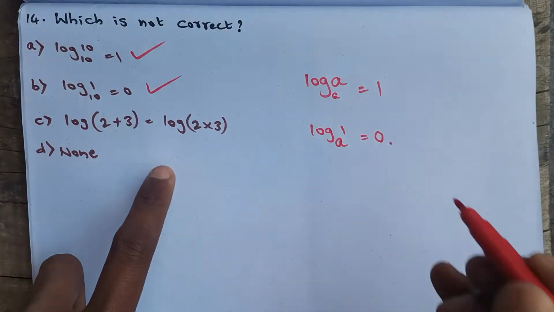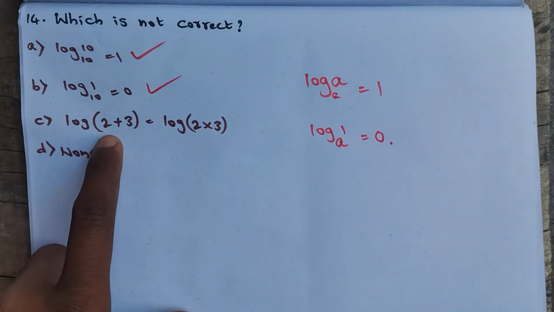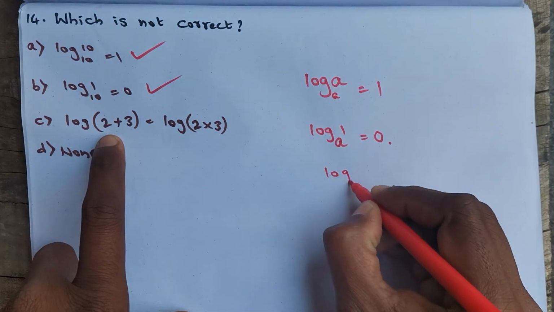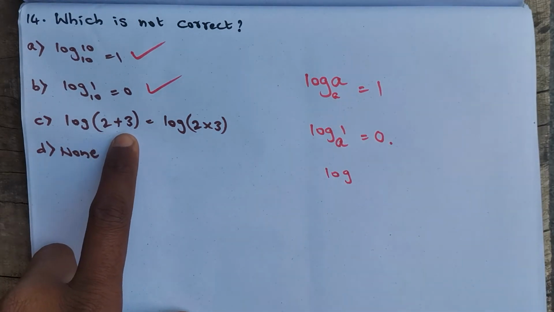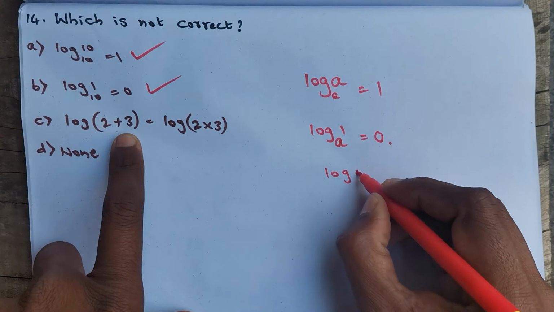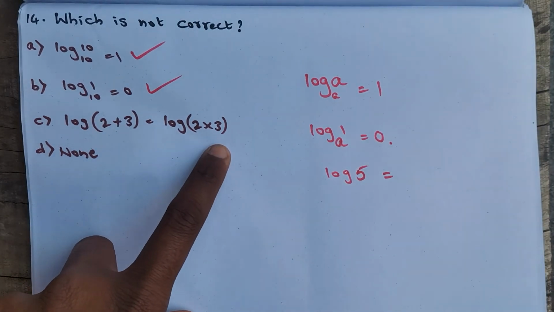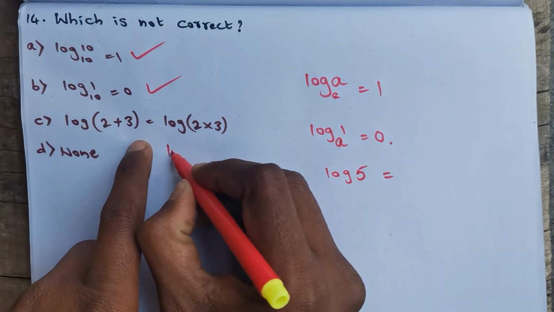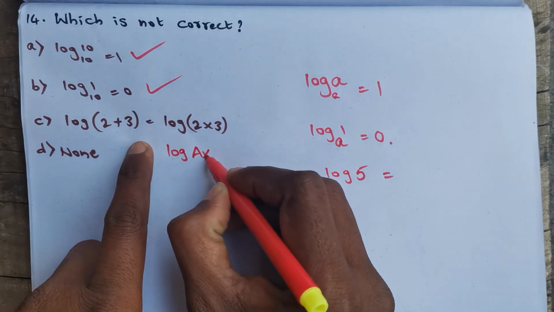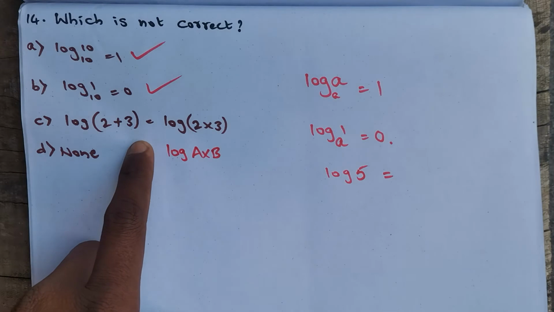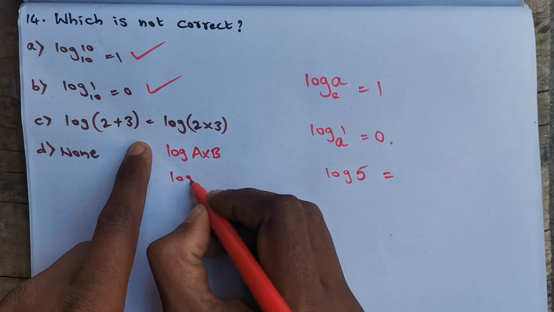So this is correct. Next, log of 2 plus 3. Log of 2 plus 3, that is nothing but 5. So log 5 is equals to log of 2 into 3. This RHS is in the form of log A into B. Log A into B is nothing but log AB.